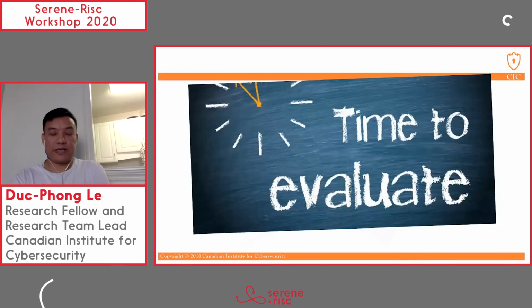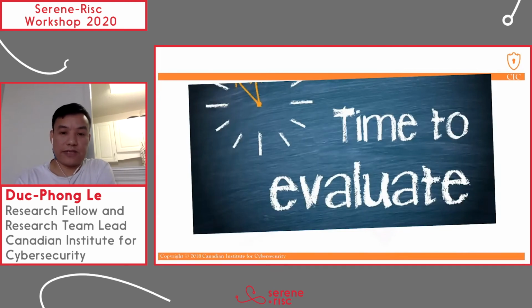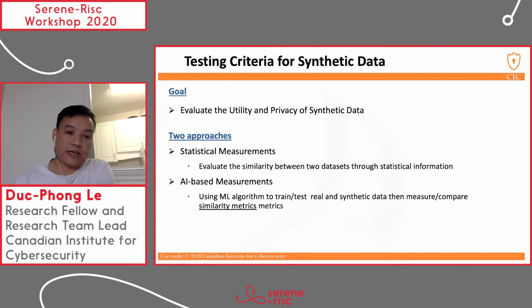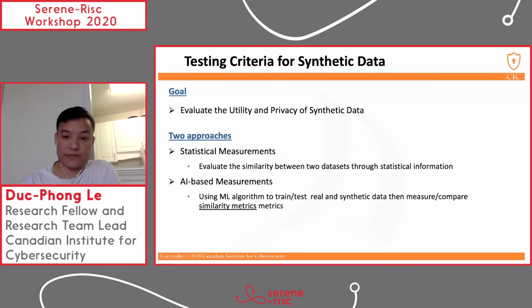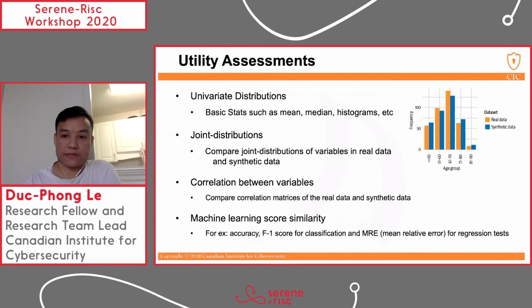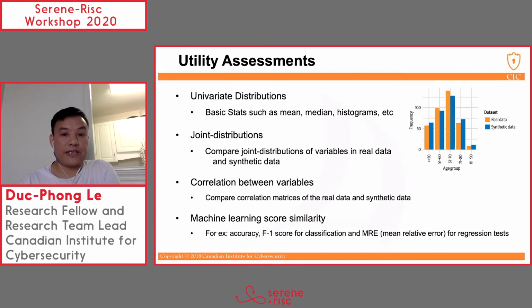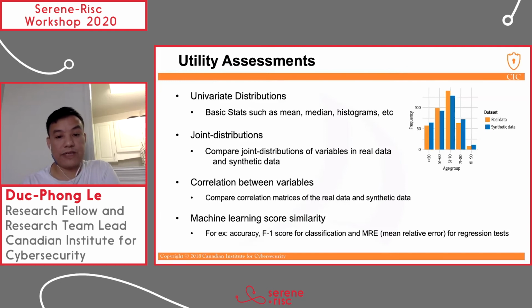So now we go into the evaluation of synthetic data. To evaluate the two properties, utility and privacy, of synthetic data, we have two approaches: statistical measurement and AI-based measurement. For measuring the utility, we can measure the univariate distribution, joint distribution, correlation between variables in the data set, and machine learning score similarities.